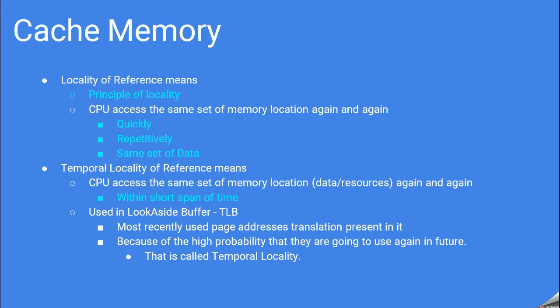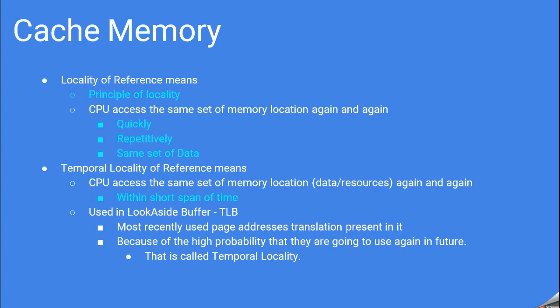Locality of reference, what do we mean by it? Principle of locality means the CPU can access the same set of memory locations again and again, quickly and repeatedly. The same set of data it can access. Temporal locality of reference is again talking about memory access.